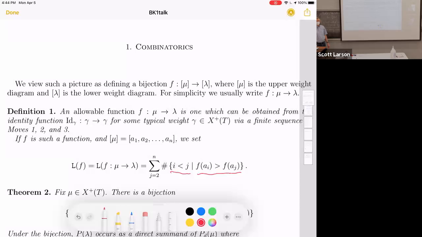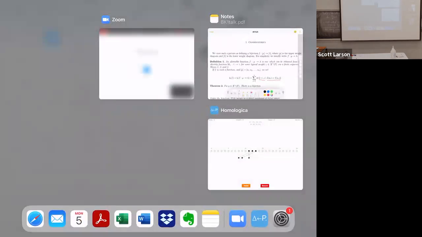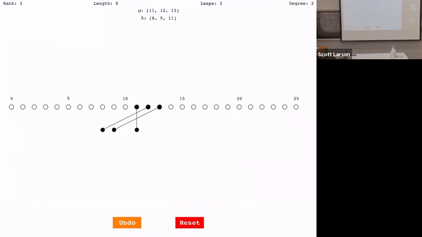These are like inversions of a permutation, except that the top row and the bottom row don't have to be the same. But if I go back to my picture, this one has two inversions, or we actually call them leapfrogs. The first and the second dots get swapped when you go from the top row to the bottom. And so do the first and the third dots.